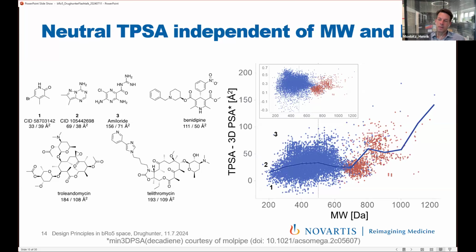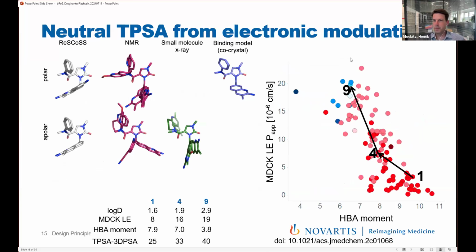And we can see an example of this in the next slide. This is from a PRMT5 paper. I know that's another target that you're excited about, Dennis. So here we have a series of PRMT5 inhibitors that we analyzed by a number of different analytical methods.